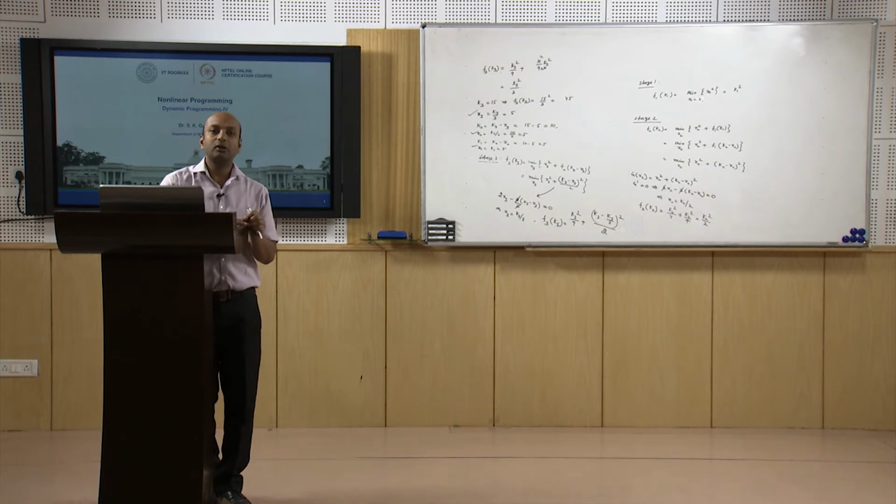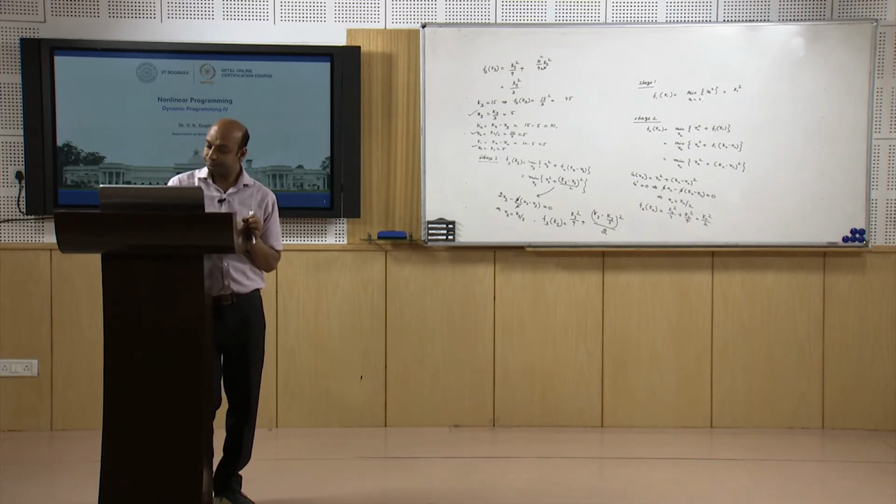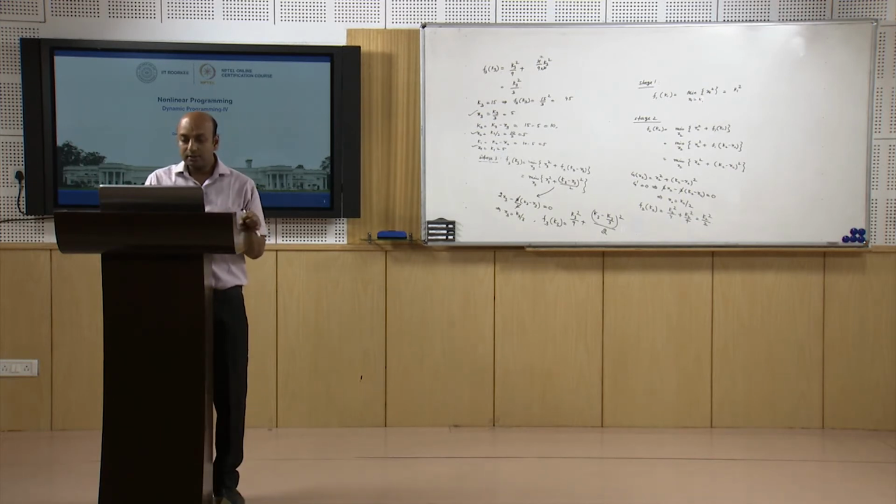Suppose there are n variables involved in the problem, so there will be n stages and the final stage will give the optimal solution of the problem. So, this PPT shows the solution also.